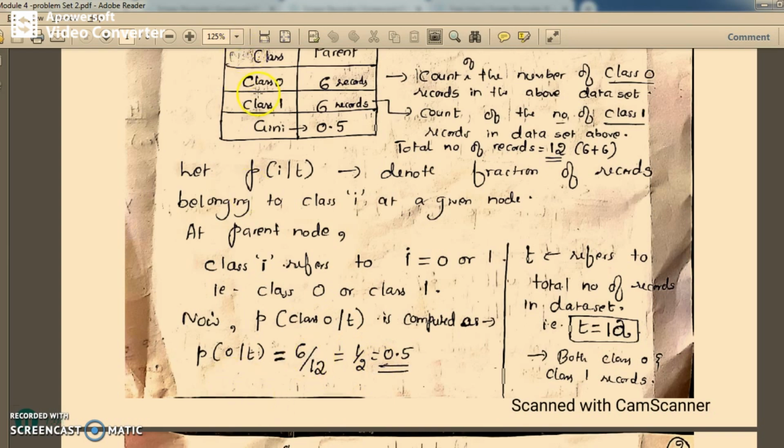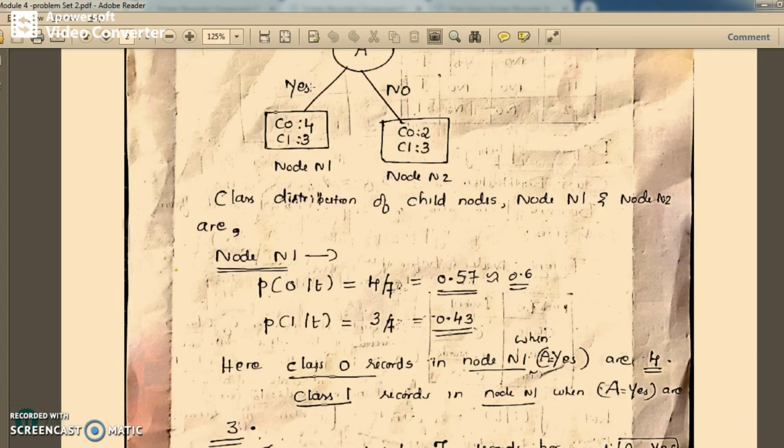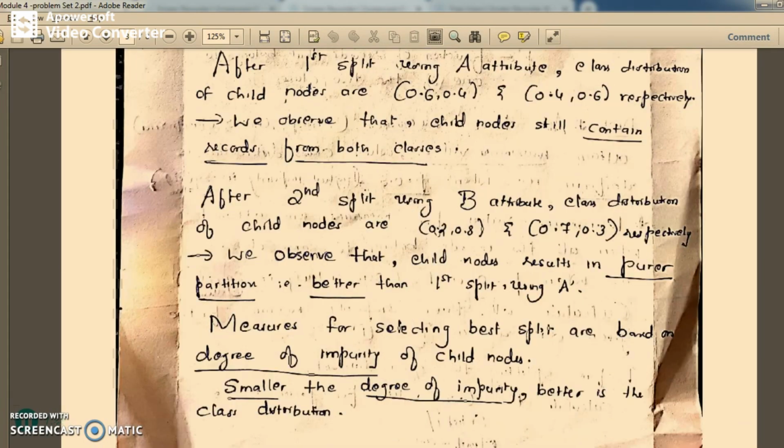So class 0 is 0.5, class 1 is 0.5. You substitute that in our entropy, Gini as well as classification error formula, and see the value you are getting. What do you expect there? This is a highly impure parent node, or you can say there is no right classification because there is a mixture of records here. So you expect a high degree of impurity. Let's see whether we are getting a high degree of impurity. Remember, you have to substitute 0.5 and 0.5 there.